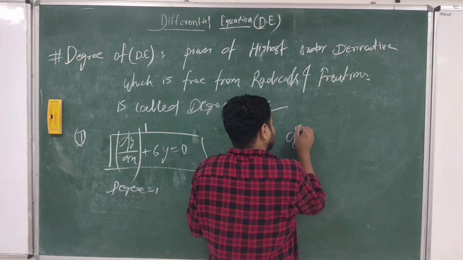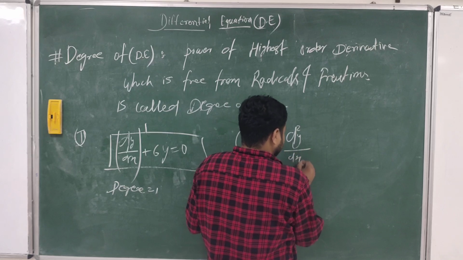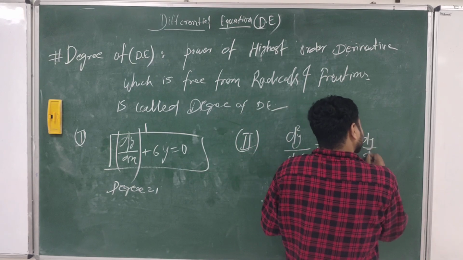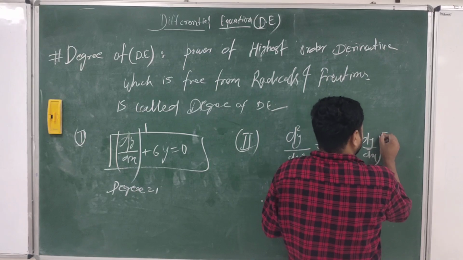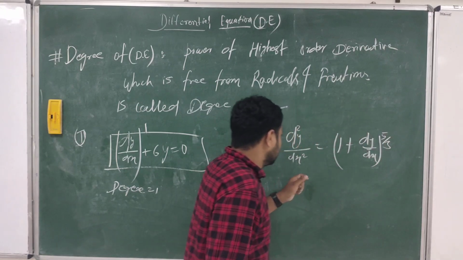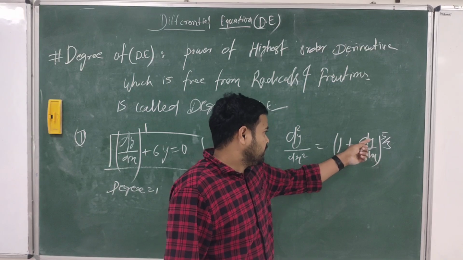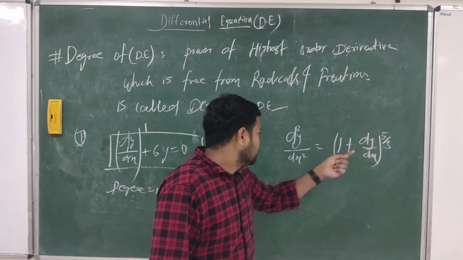d2y upon dx2 equals (1 plus dy upon dx) to the power pi by 3. Here the power is a fraction.